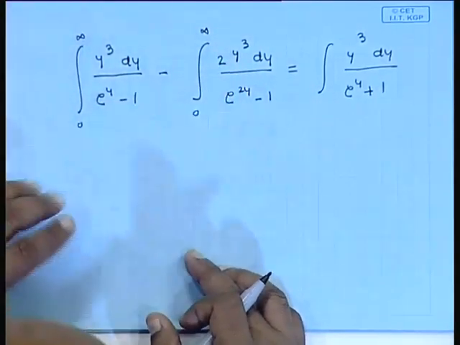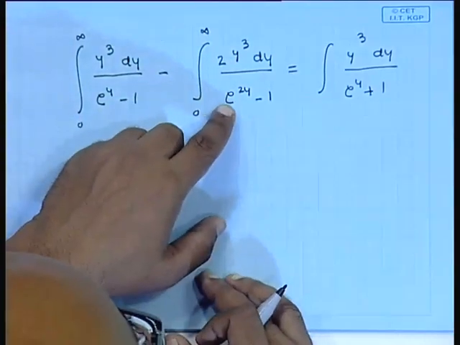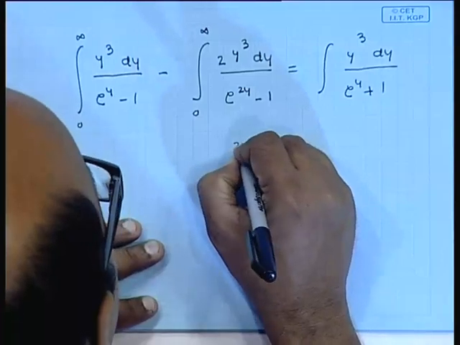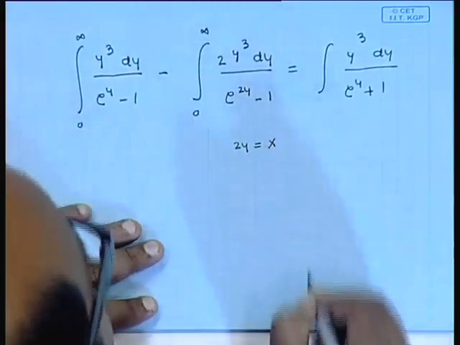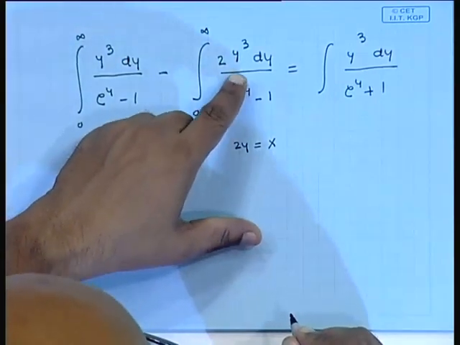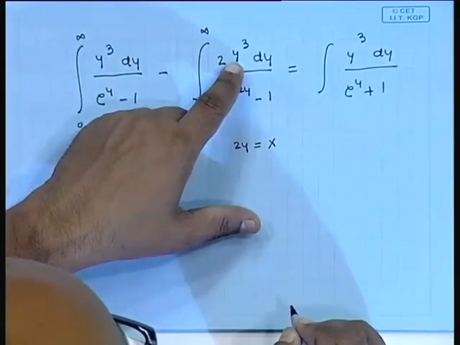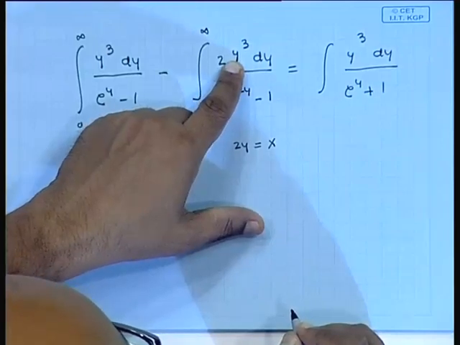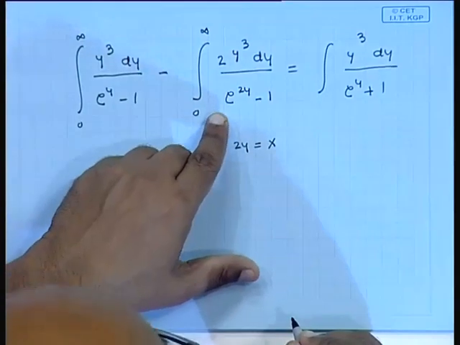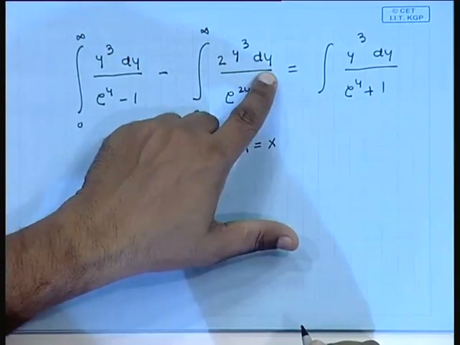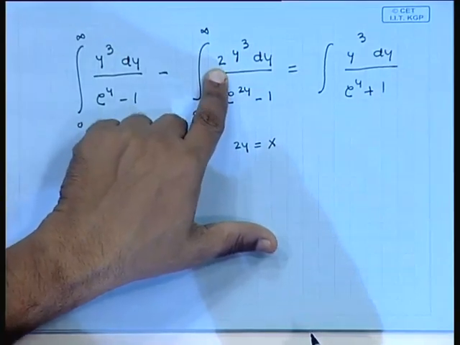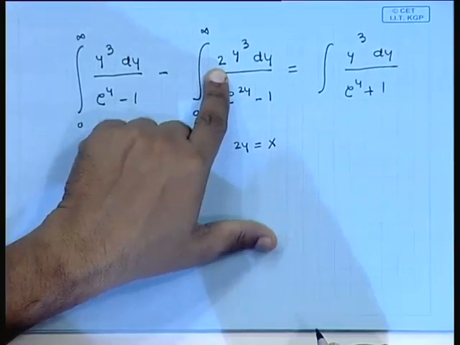So, we just redefine the variable. In this integral, define 2y to be equal to x. So, then this becomes x cube dx. I have to then divide by 2 to the power 4. Dividing this by 2 to the power 4, there is already a factor of 2, so I get 2 to the power 3.